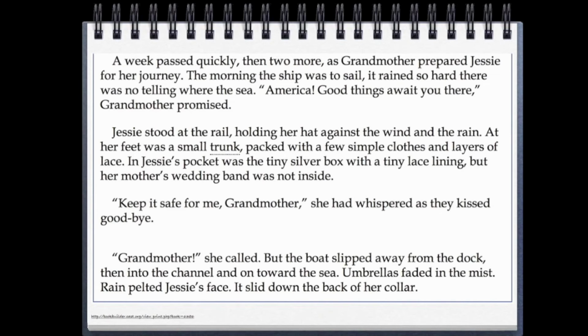In Jessie's pocket was the tiny silver box with a tiny lace lining, but her mother's wedding band was not inside. "Keep it safe for me, grandmother," she had whispered as they kissed goodbye. "Grandmother!" she called, but the boat slipped away from the dock, then into the channel and on toward the sea. Umbrellas faded in the mist. Rain pelted Jessie's face. It slid down the back of her collar.